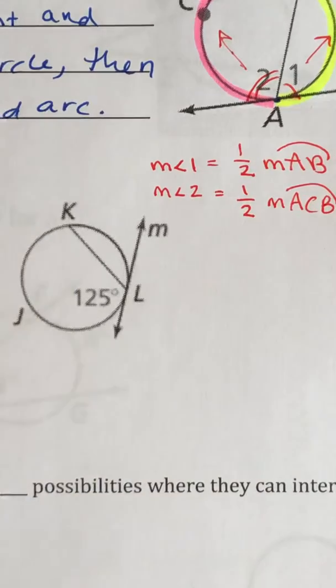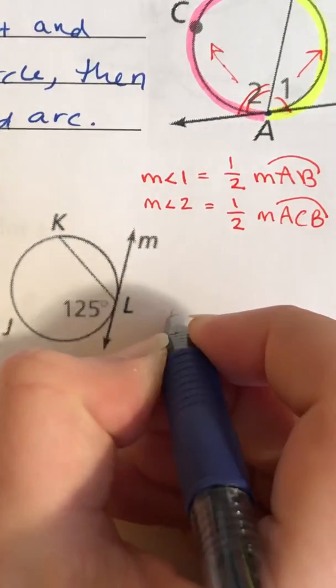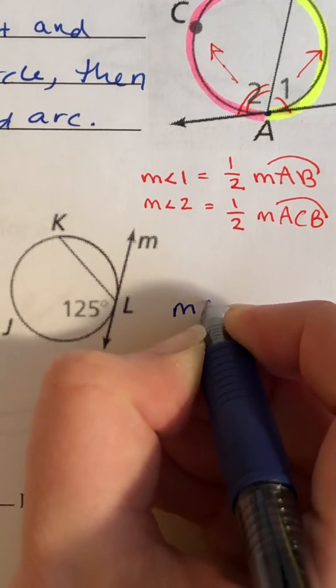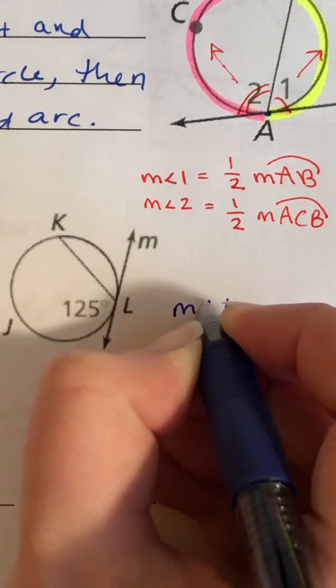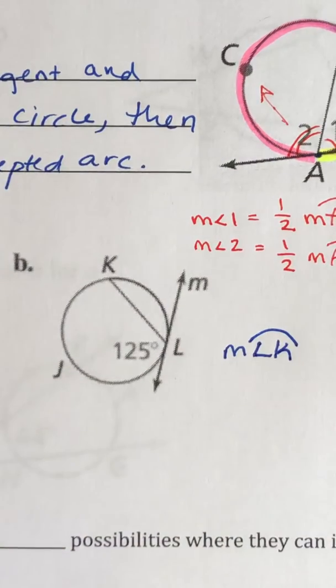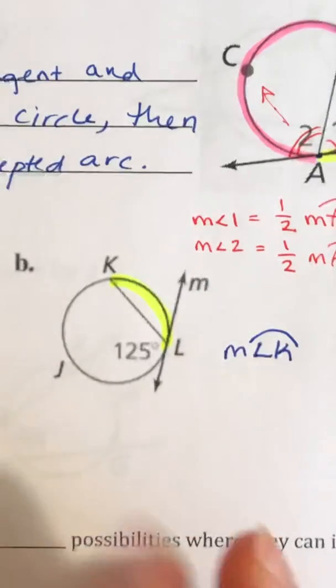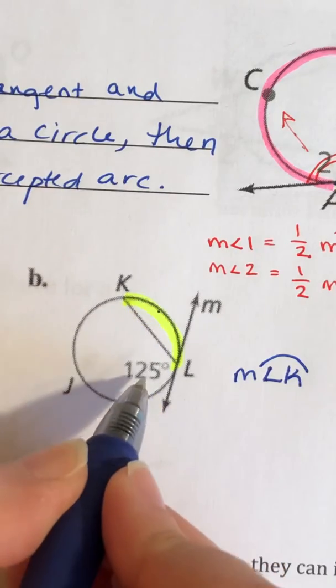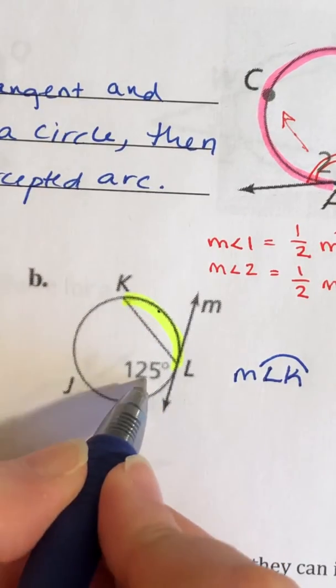All right, for this one, what is the measure of arc LK? This is what I am looking for. Well, it's not twice as much as this, it's on the wrong side.